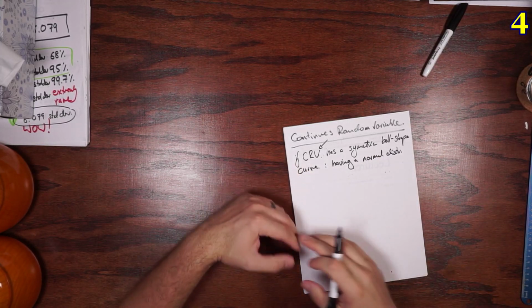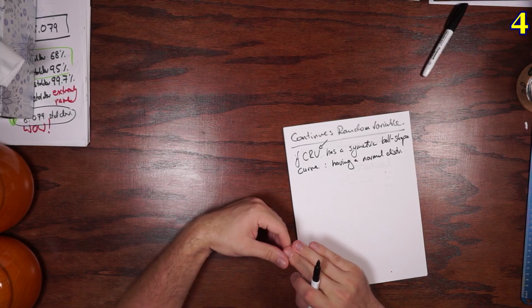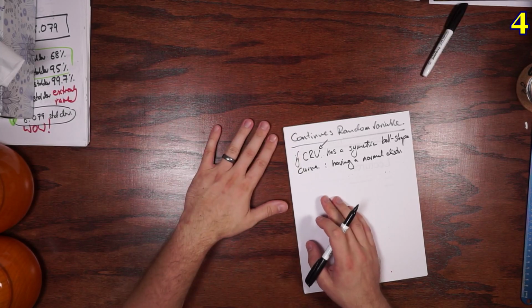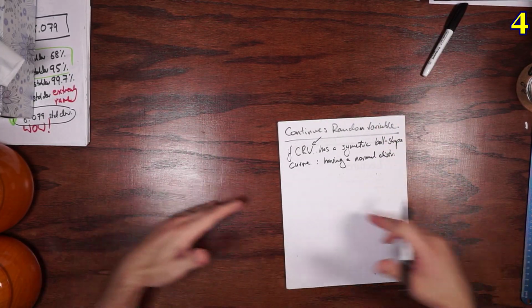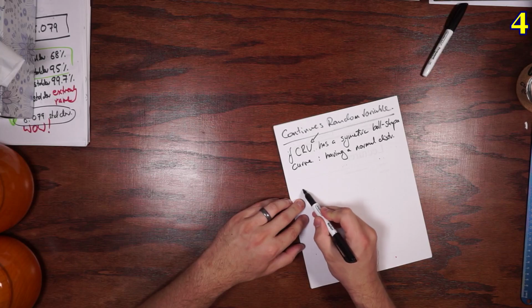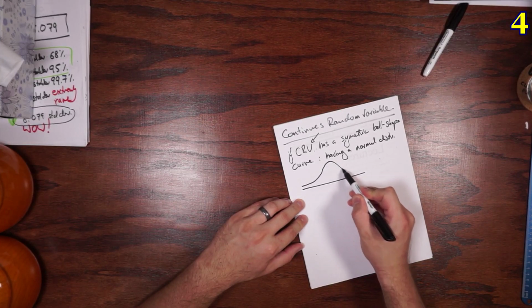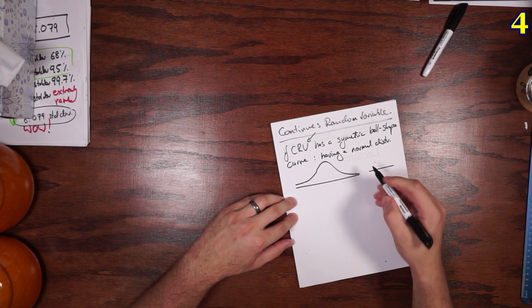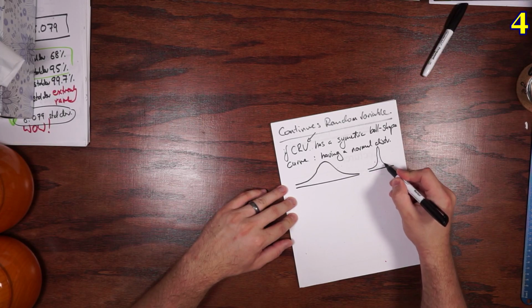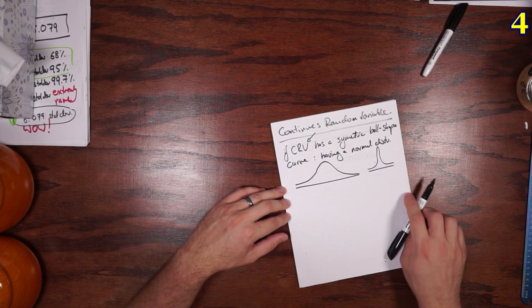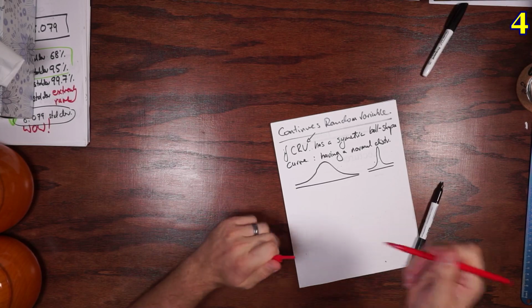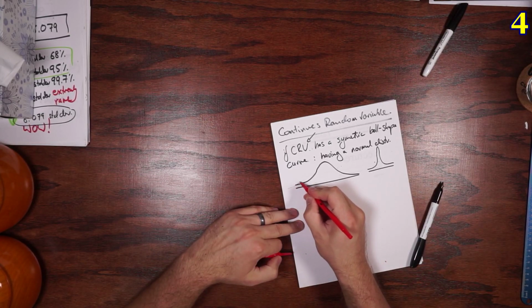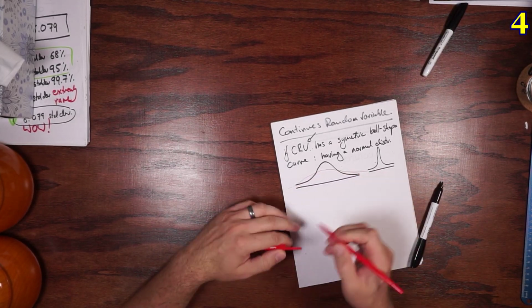So if we look at a continuous random variable and start mapping it out in graphical form, and it ends up looking kind of bell-shaped and symmetric, like this, but also this, or completely kind of flattish, like that.